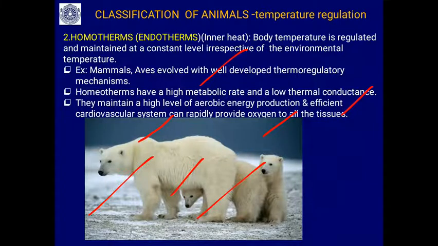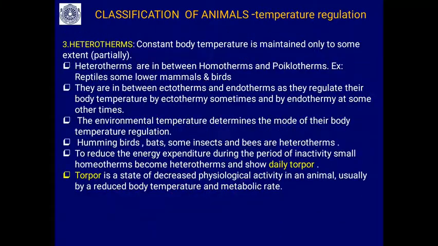That is the mechanism operating in homeotherms, which have a well developed thermoregulatory system. Likewise, you have digestive, respiratory and other systems; similarly, a thermoregulatory system is present in these animals, that is, mammals and birds.